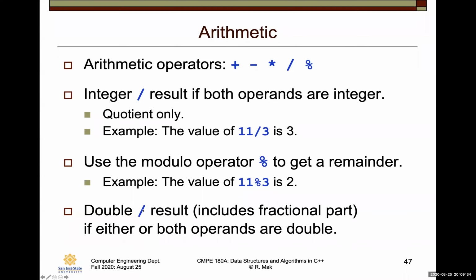And I already mentioned that for slash, if either or both operands are double, then you will get a double result, okay? Again, this is all described in the books, and after a while, you'll just get used to this. Maybe you may find this kind of weird, but many programming languages work this way.